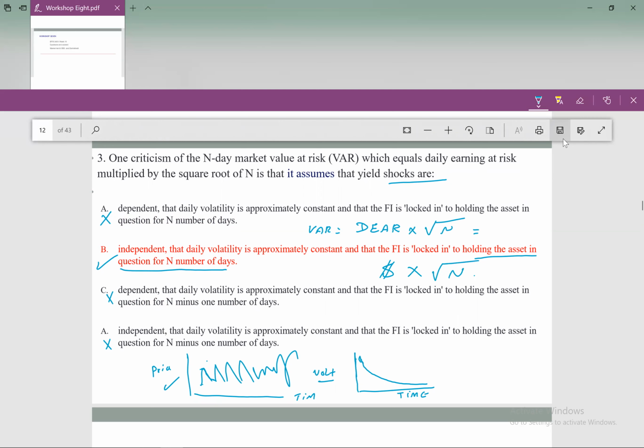One problem is multiplying by the square root of N, which makes it as if it is independent, and the other is the value of the VaR. The value of the VaR assumes that if you take 10 days, we have the same VaR, which means the same holdings of our investment for the 10 days. Actually, in our investment there is trading. The dollar value will go up and down, and therefore the VaR will go up and down. This is one of the criticisms. So we have a problem here and we have a problem here.